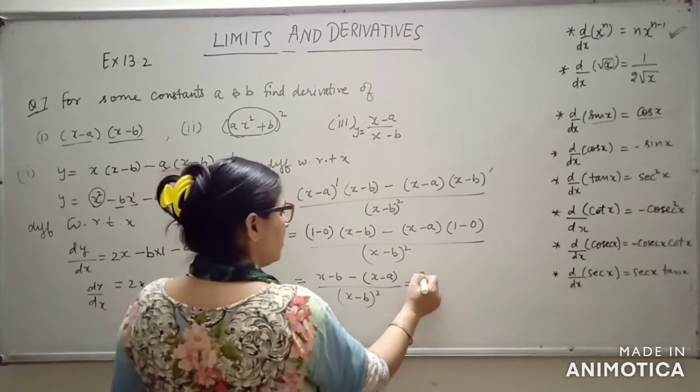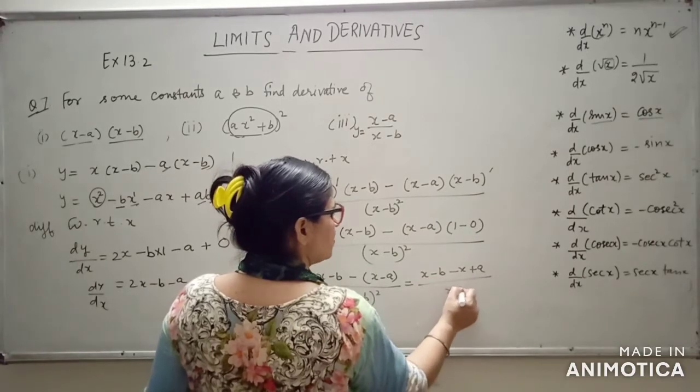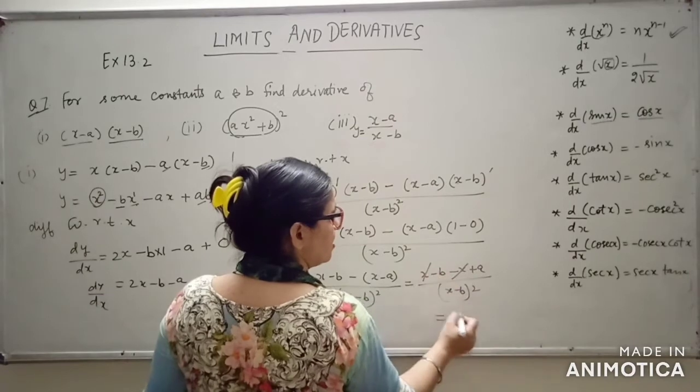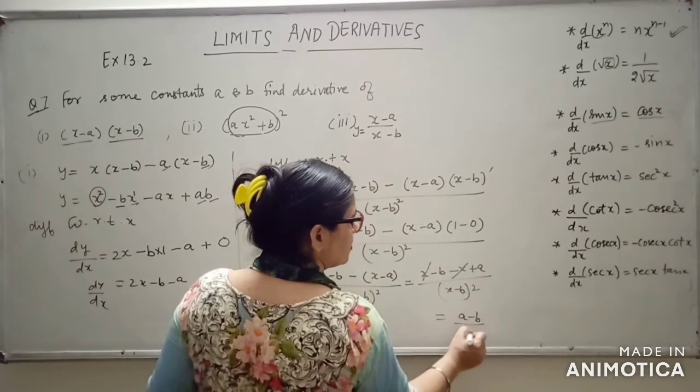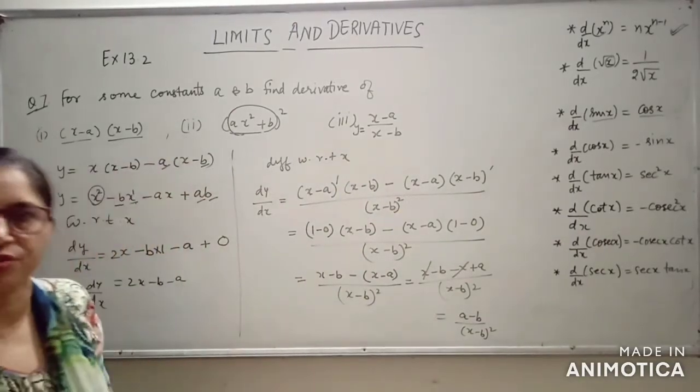So it becomes x minus b minus x plus a upon (x minus b) whole square. Both of these x will be cancelled. So we are left with (a minus b) upon (x minus b) whole square. This is the derivative of this function by using the quotient rule.